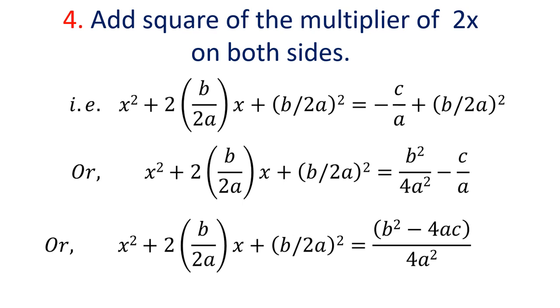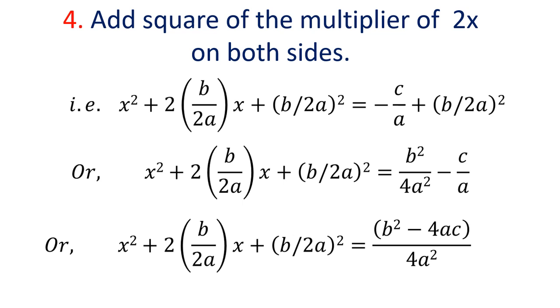We have here the remainder as b upon 2a. So add b upon 2a whole square to left hand side and b upon 2a whole square on the right hand side, as you can see.